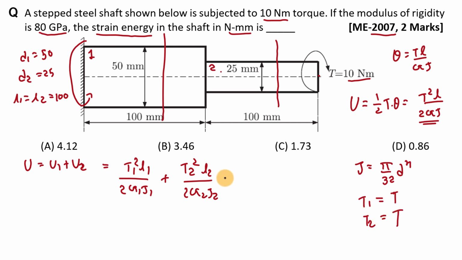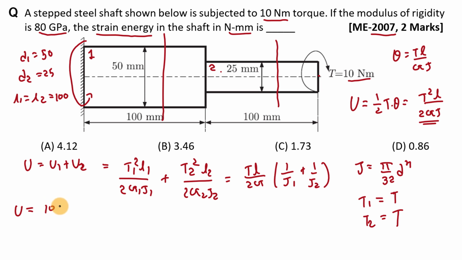So from here we can say that T1 T2, L1 L2 and G1 G2 are the same, so we can take them common. So it is TL by 2G into bracket 1 divided by J1 plus 1 divided by J2. So U is equal to this T, that is 10 Newton into meter.